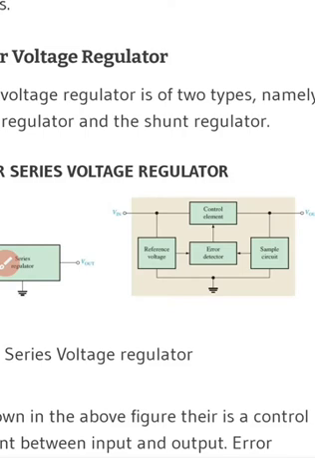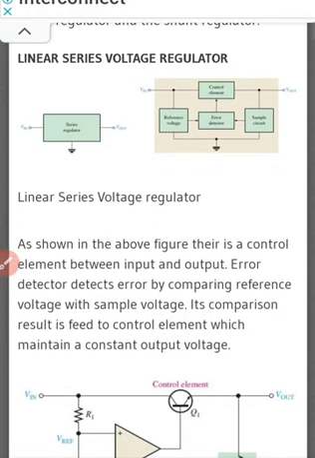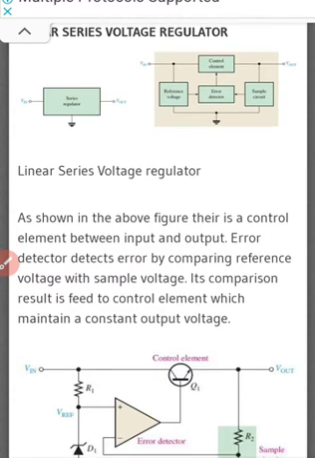As the sample circuit receives the output, it feeds back some current or voltage signal to the detector, and the reference voltage is sent back to the input. As you see in the figure, there is a control element between the input and output. The error detector detects the error by comparing the reference voltage with the sample voltage. The difference between what is given at the input and what is received at the output is communicated by the detector.